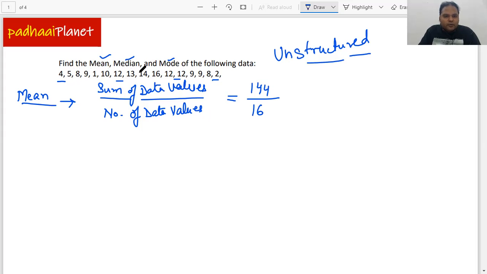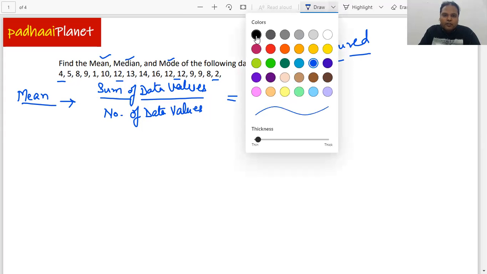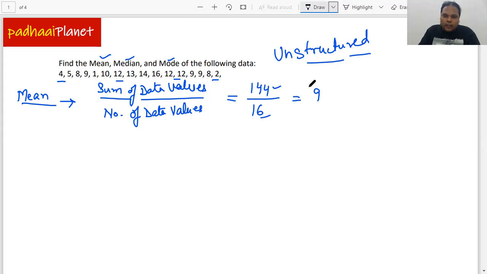Then we have 62, 76, 92, 104, 116, 125, 134, and 10, so that's 144. The total number of data values is 16, so we write 144 divided by 16, and the answer is 9. So 9 is the mean of the data set which is given here.